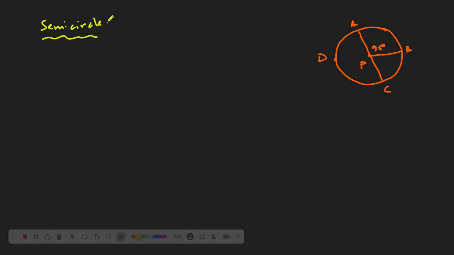So a semicircle is an arc representing half the circle.